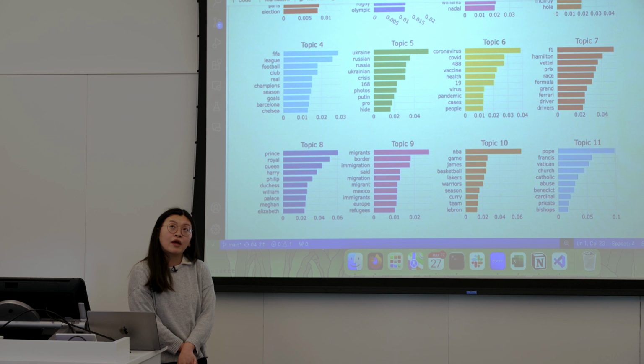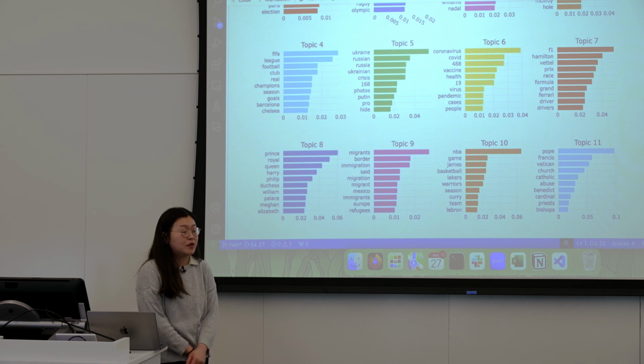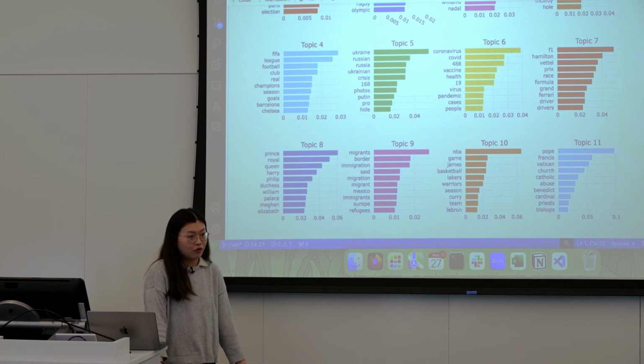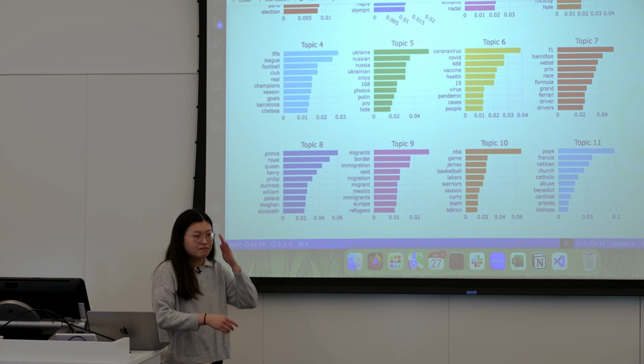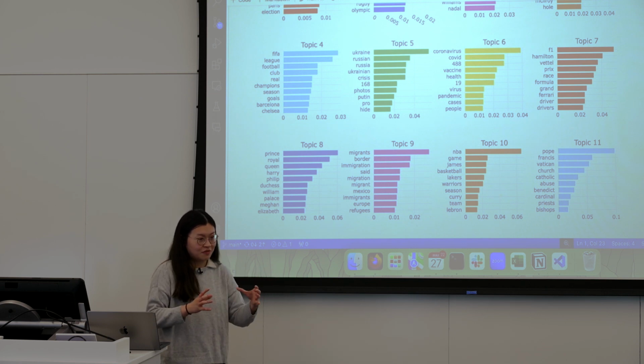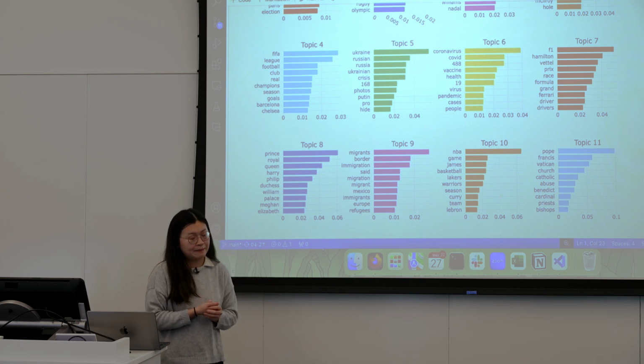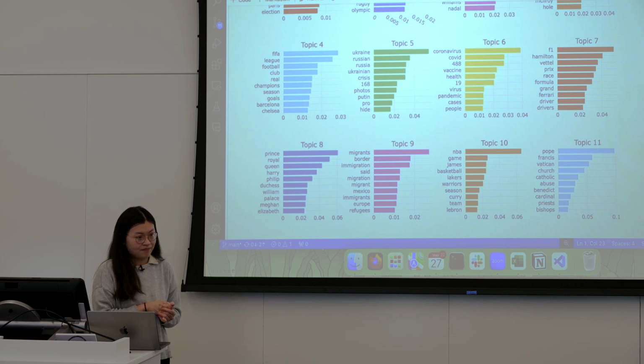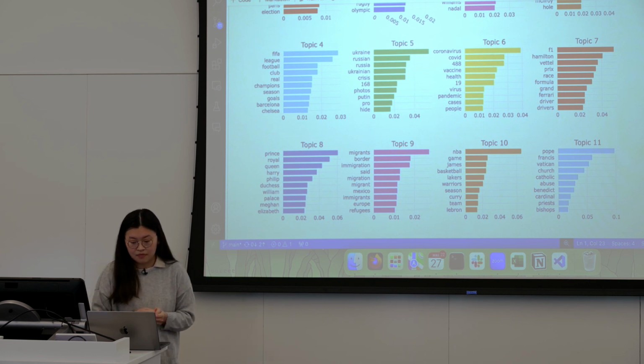That could be the case, or it could just be within our data set that we have more articles about the larger topic. Oh, I see. So the size of the topic isn't the scope of the topic, it's just the number of articles that fit into it. Okay, makes sense.